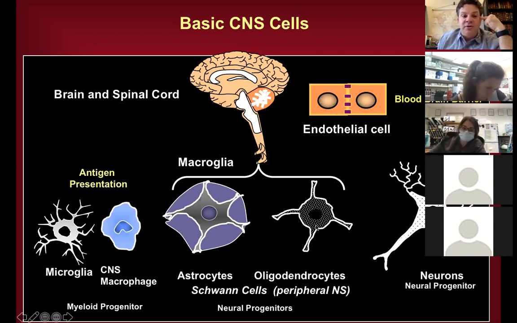Oligodendrocytes myelinate the axons, and of course the neurons. And you'll see that all these neurons and macroglia come from neuronal progenitors, whereas the microglia come from a myeloid progenitor. And the reason that's going to be important later is just showing you how different the microglia are compared to the rest of the cells that they surround.